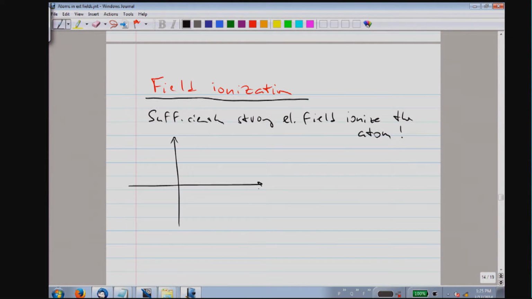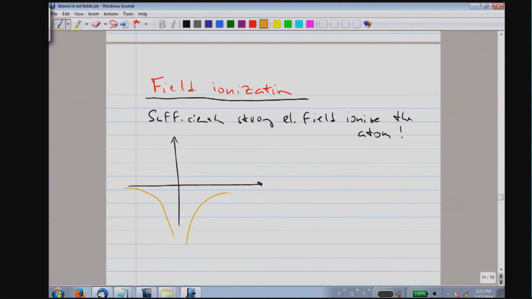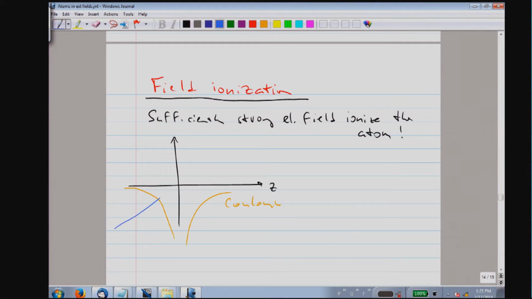So we have a potential. One part of it is the Coulomb potential. I'm focusing on one spatial direction here. And then in addition, we apply an electric field, and the electric field creates a linear potential.